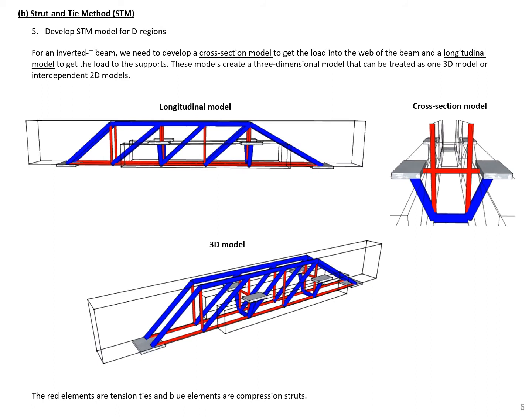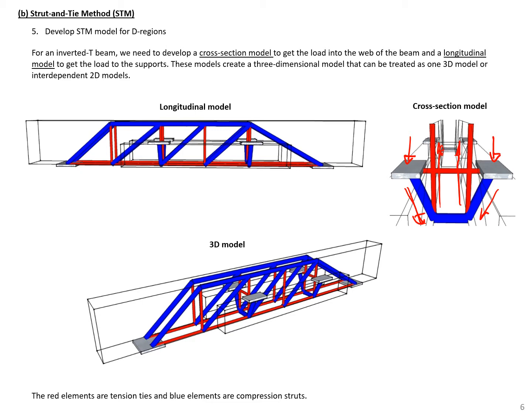Our next step is to develop a Strut-and-Tie model for our D regions. In an inverted T-beam, we're going to have a three-dimensional model. So we need to get the load from our ledges into the beam. So we have diagonal struts here, and then we hang them up through our hanger ties there.